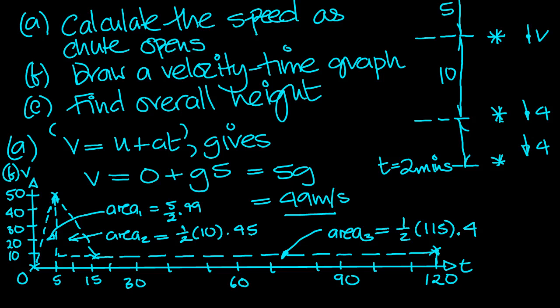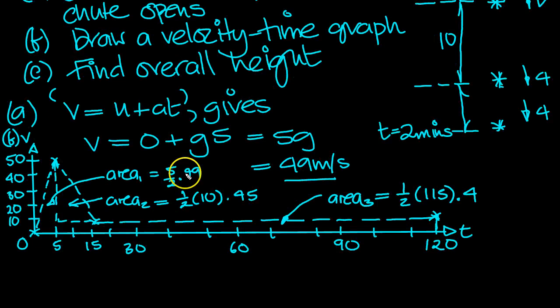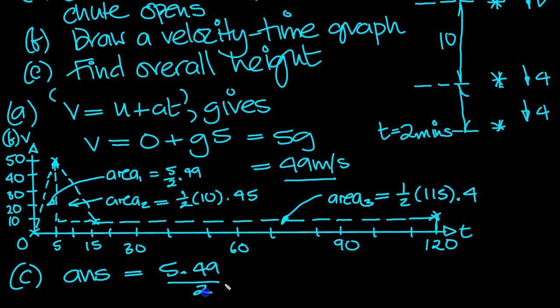So the overall height, C, will be the area under the curve, which is 5 times 49 over 2, plus 10 over 2 is 5, 5 times 45, plus 4 over 2 is 2, 2 times 115.